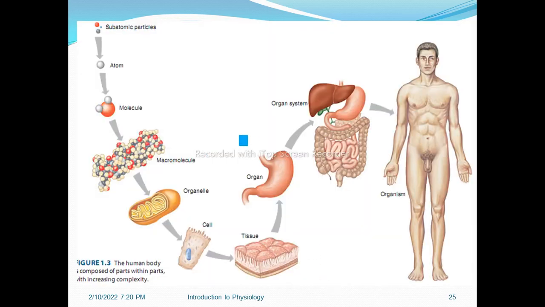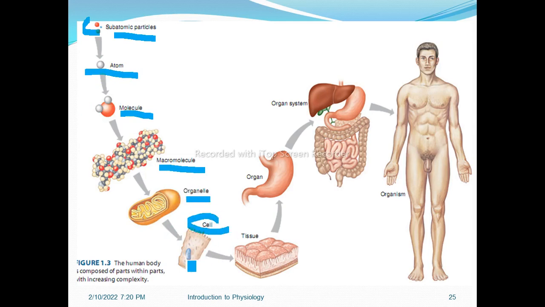To give more clarification, there is a subatomic level here, and subatomic particles give us atoms, which combine together and give us molecules. Molecules give us macromolecules, then organelles, like the mitochondria. Organelles together give us a cell, cells together give us tissue, tissue gives us an organ, then organs give us a system.